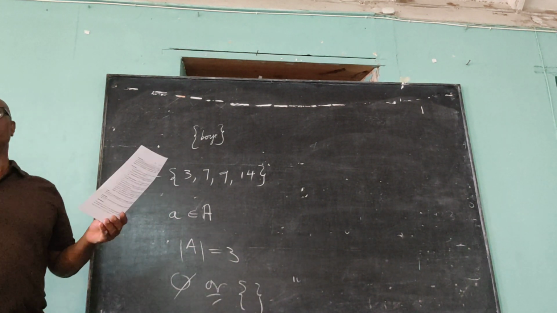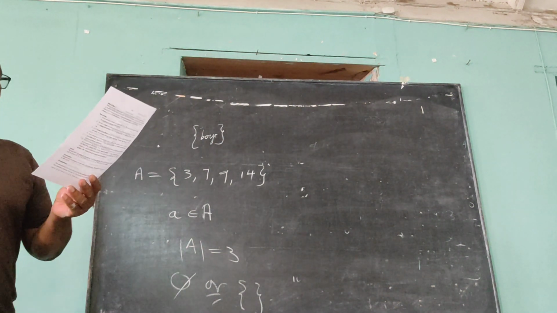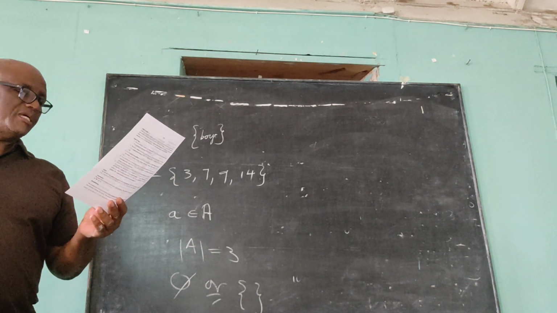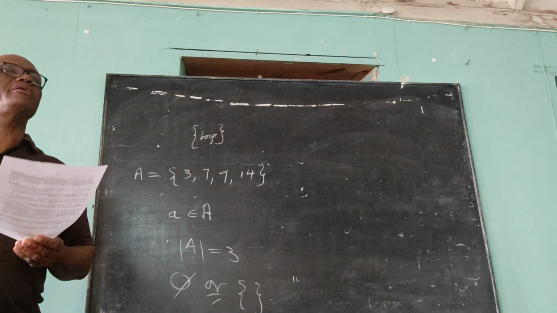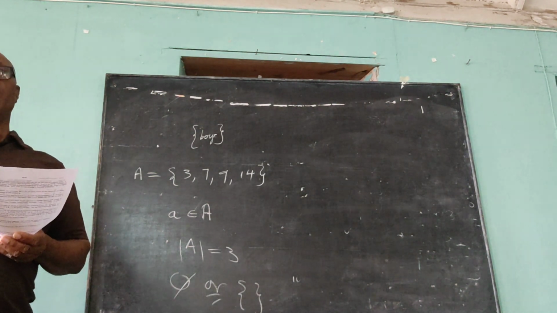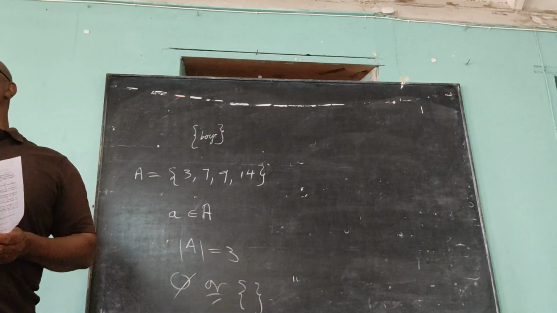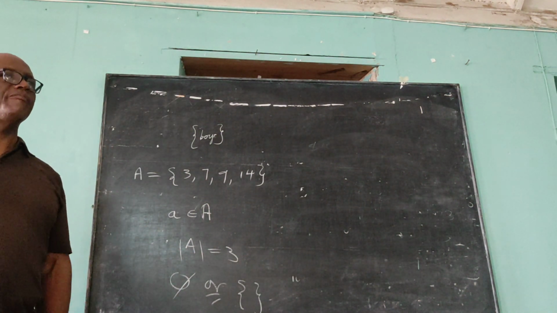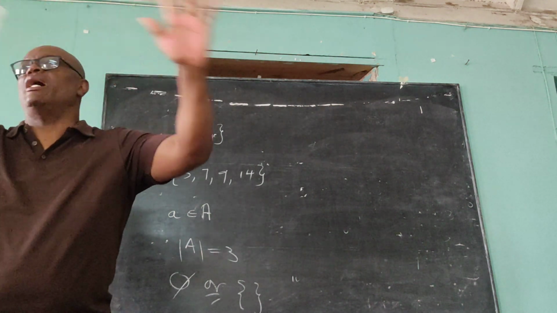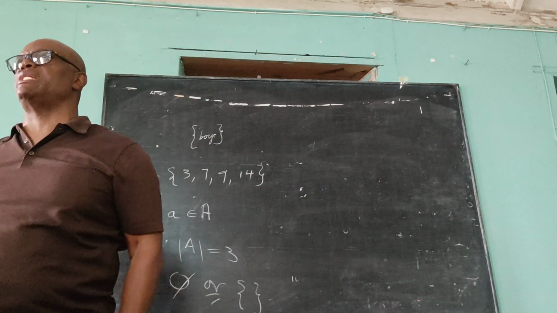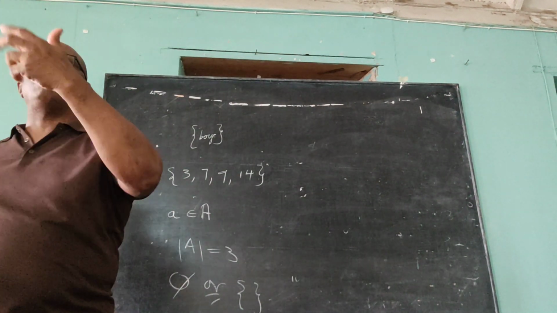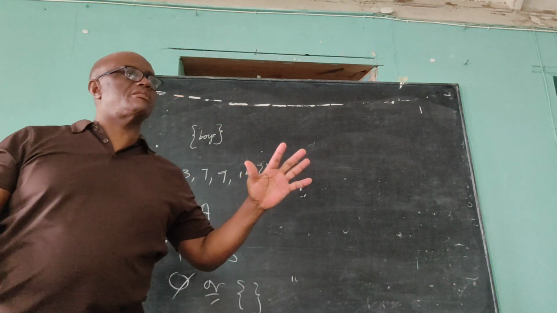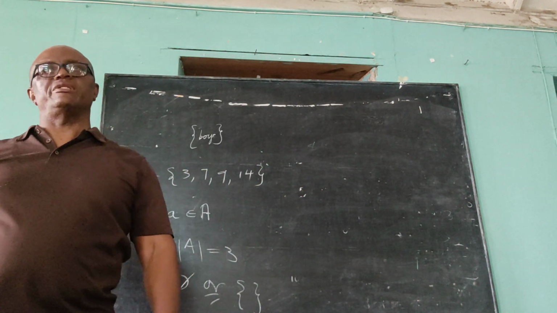And the last one is the universal set. The set of all possible values. The universal set is usually defined. You are told what the universal set is. So if I say the class is the universal set, we can have all sets of subsets from that universal set.